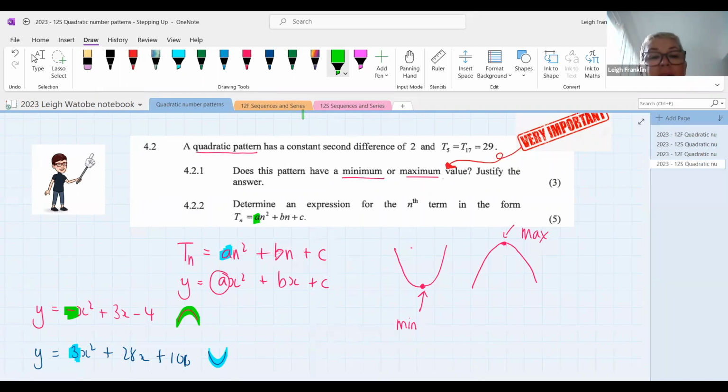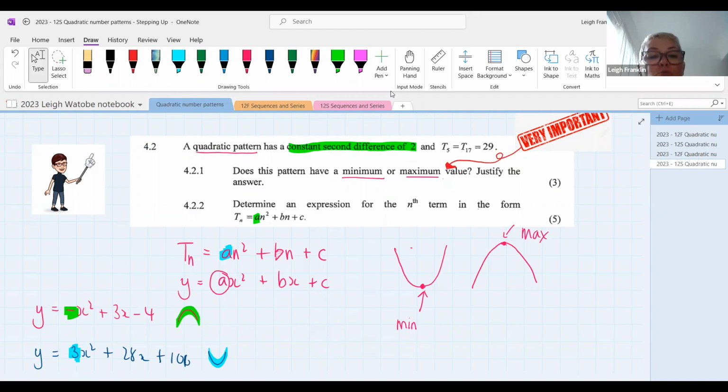So they tell us that the constant second difference is 2. What does that mean for us in terms of a? What can I do with that 2? The constant second difference is 2. So what does that mean? How do we find a, b and c?